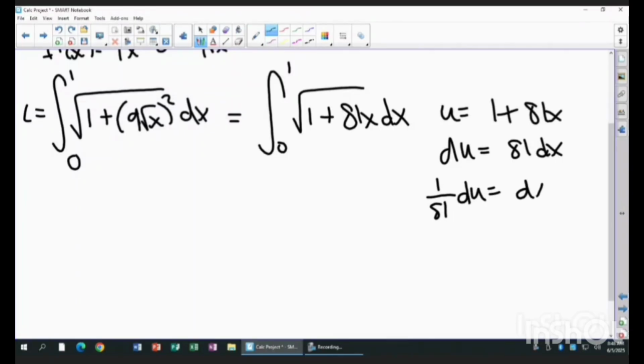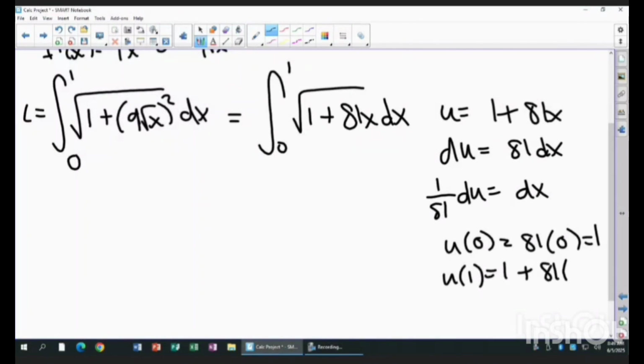Now we need new limits, of course, so we have 1 plus 81 times 0, which equals 1, and 1 plus 81 times 1 equals 82.